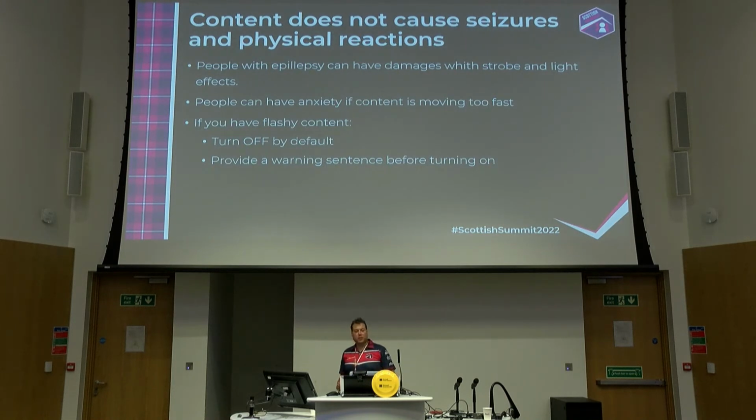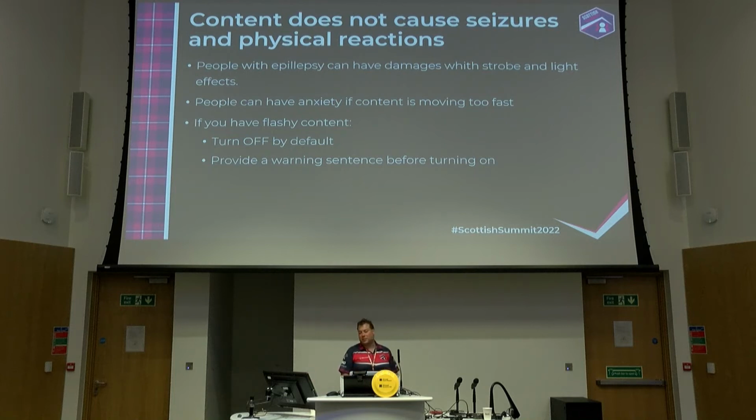Also very important: content does not cause seizures and physical reactions. For example, people on the epilepsy spectrum can have damages with strobe light and light effects. And even people with anxiety, so mental health spectrum, can have more anxiety if content, for example, is moving too fast. Or with written, 1, 2, 3, no chance, you're going to miss the deal.